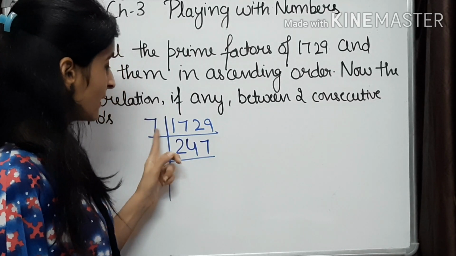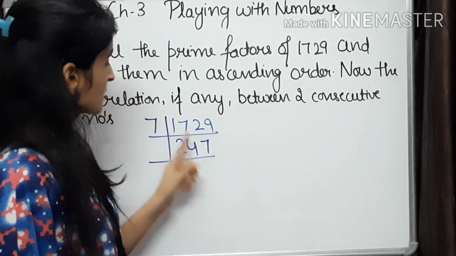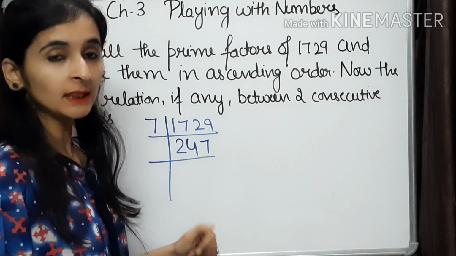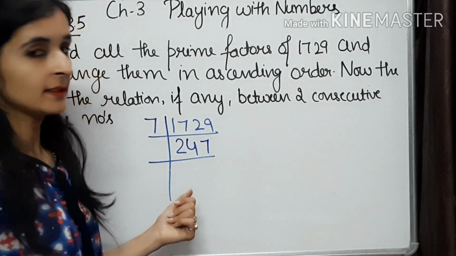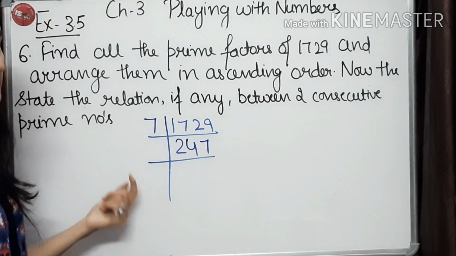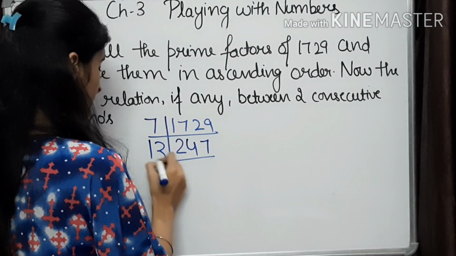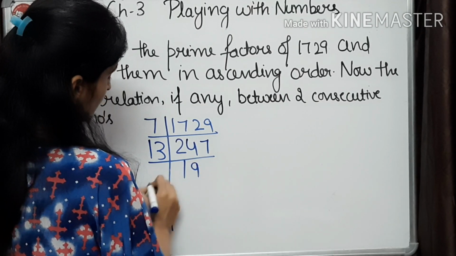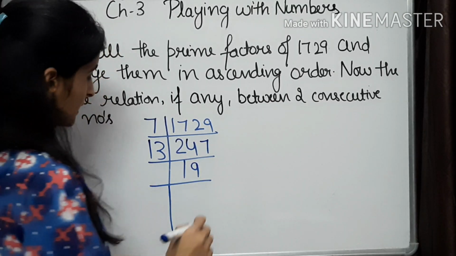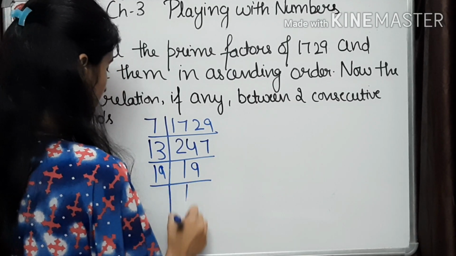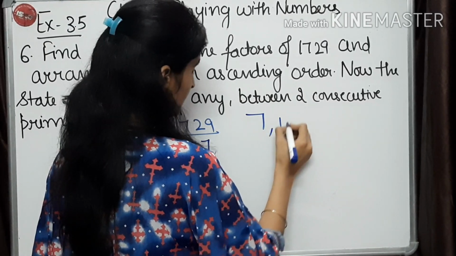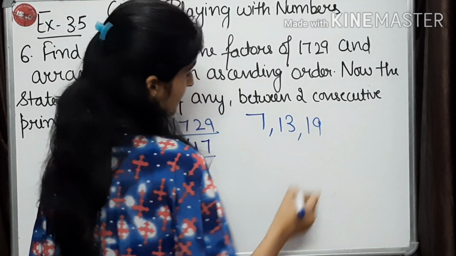And it will go on: 7 2s are 14, 7 4s are 28 and then 7 7s are 49. After that it will be divisible by 13. 13 1s are 13 and then 13 9s are 117. Now 19 1s are 19. So the factors are 7, 13 and 19.